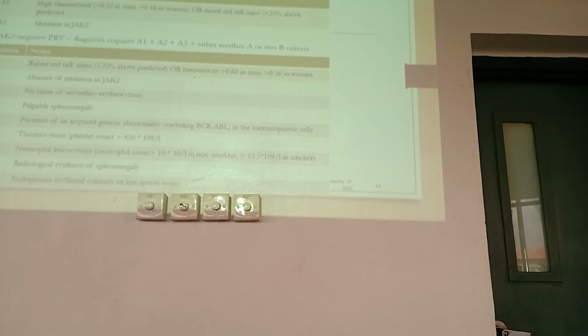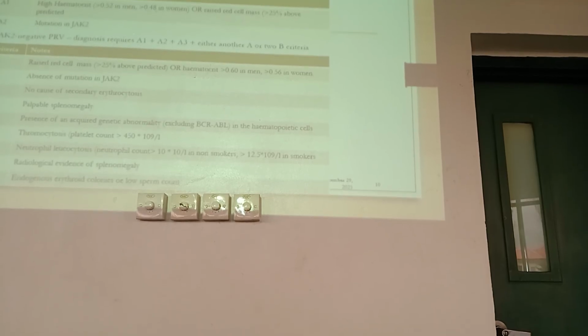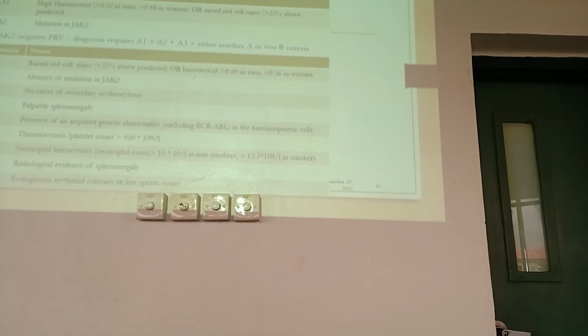Or 25% above what is expected for that age. If what is expected is, for example, male is 50% maximum, or say 45%, what's 25% of 45? You add it over it. If it's higher than that, then you can use that. If you don't want to do that, just look at the PCV level. If it's greater than 52 in male or greater than 48 in female, and there's positive JAK2, you can label the person as having polycythemia rubra vera.